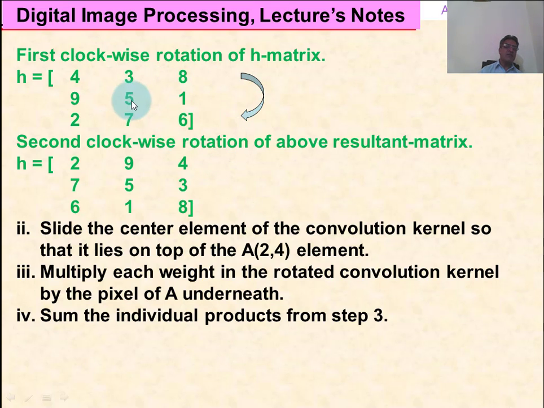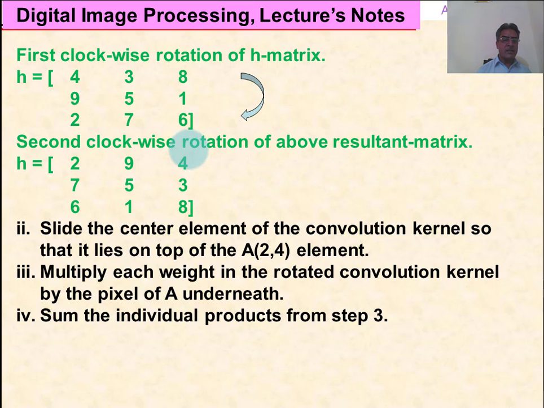We have rotated the H matrix clockwise, and now we rotate it again clockwise, and the resultant matrix will be rotated by 180 degrees. Here the last row will become the first column, 2 7 6, the second row will become the second column of the rotated kernel, and the first row will become the last column, 4 3 8, of the rotated kernel.